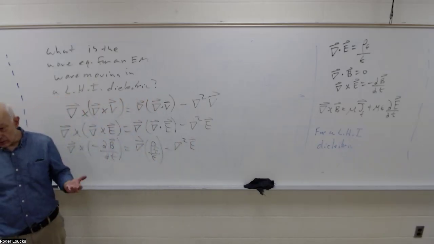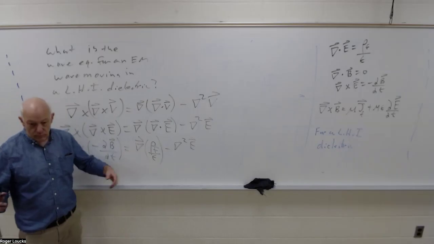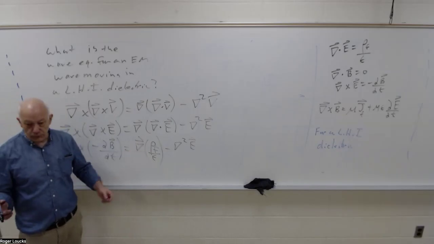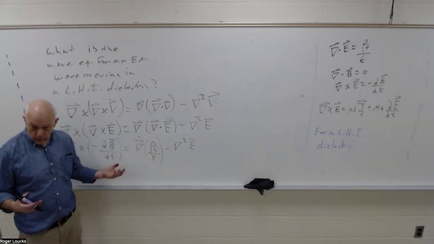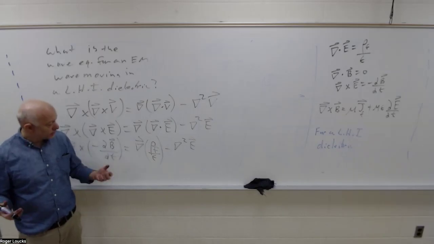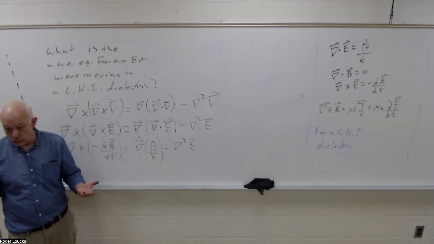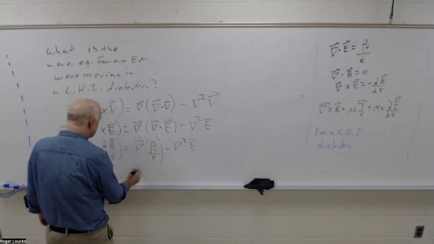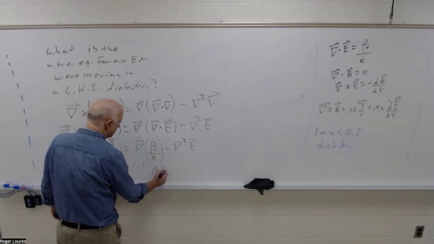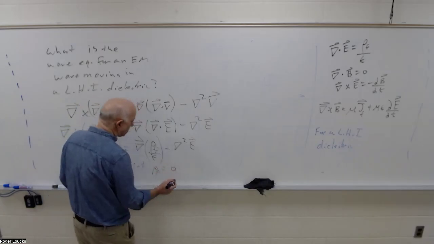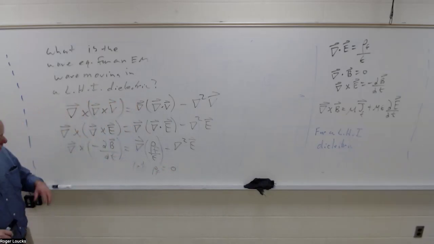Now, if we have a metal, we would keep it perhaps. If this rho free is a constant, it would go away. I'm going to take the case where there is no rho free, maybe like a glass. So that rho free equals 0 or a constant, that term's going to go away.